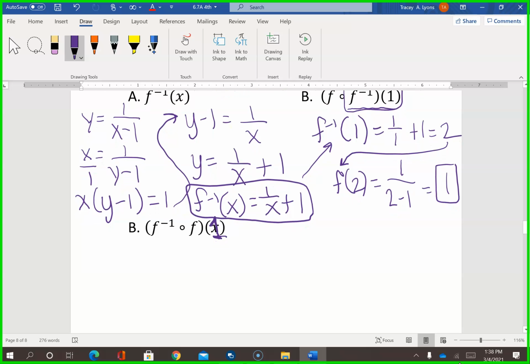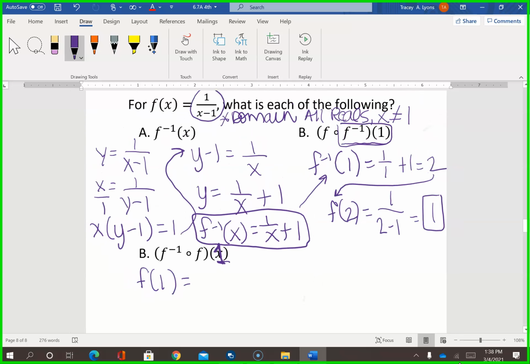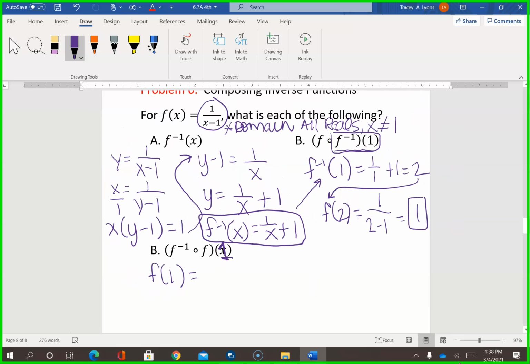Here we want to look at what is f of 1 first, and then we're going to plug that answer into the inverse. So what was my function again? 1 divided by 1 minus 1. Can we do that? No, we can't.